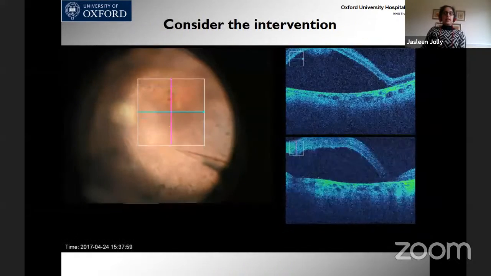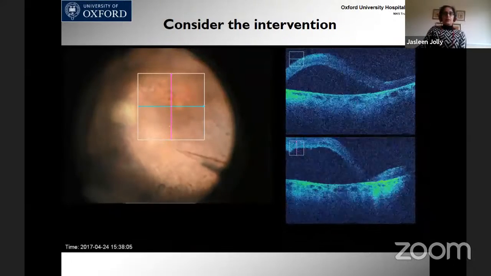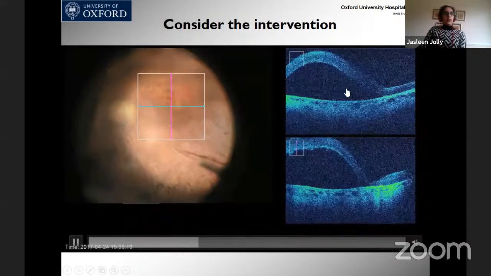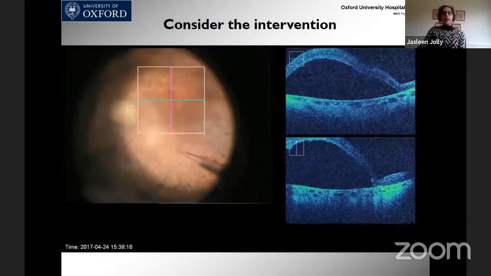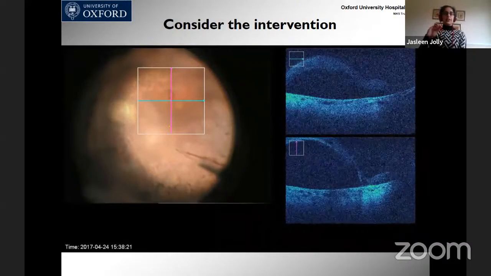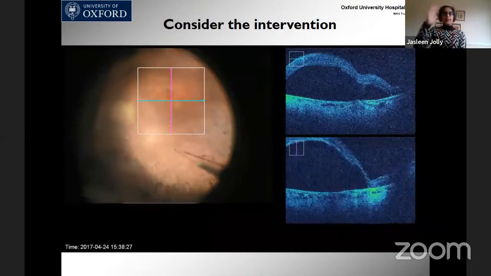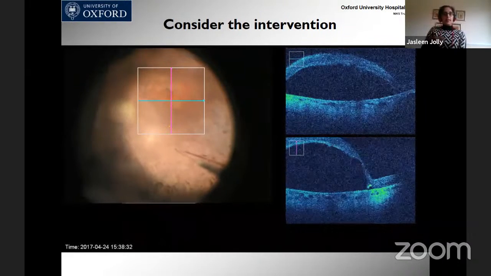You also need to consider the actual intervention. So this is a video from live gene therapy surgery. So you can see the needle here. And the images on the side here are intraoperative OCT. So what's happening here is the retina is being lifted up, so we can insert the gene vector, which contains the healthy copy of the gene, and then the retina gets flattened again, and then the gene gets taken up by the cells, and the new protein is produced to prevent further vision loss.